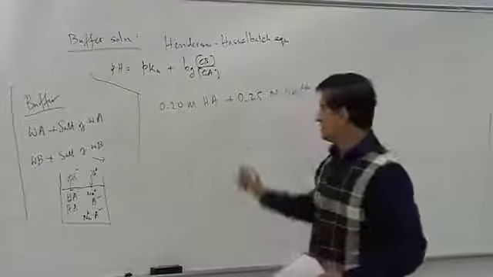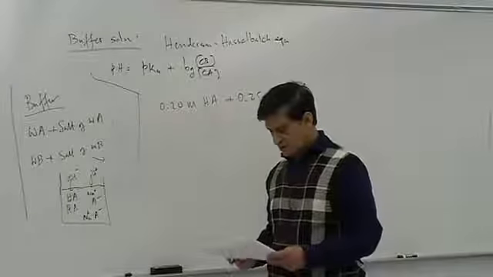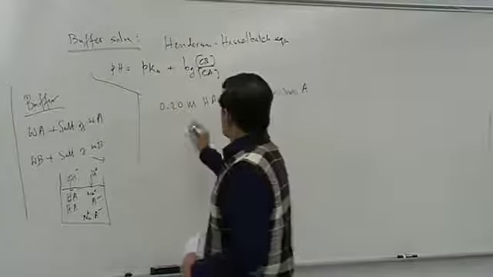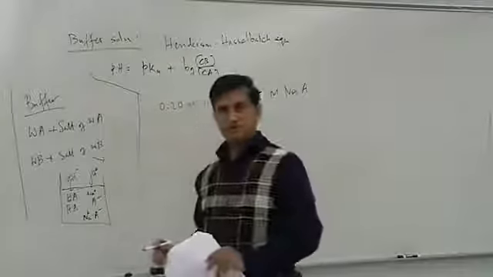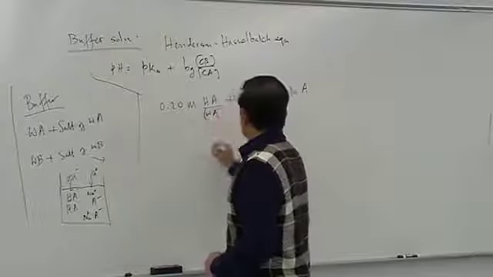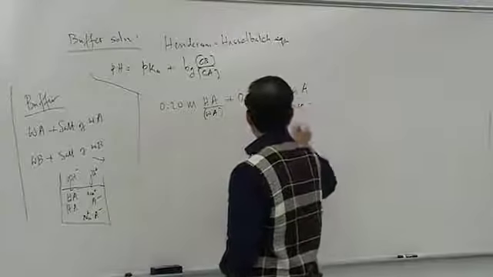Again, this is an organic acid, and that's a weak acid. It's not one of our known strong acids. So the question is, would this make a buffer solution? The answer is yes, because this is a weak acid, and this is the salt of a weak acid. And that gives you the conjugate base.